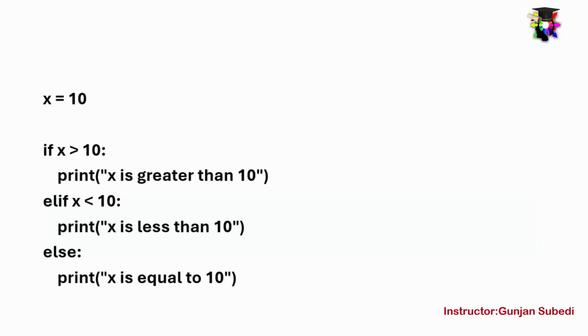Here is an example to illustrate the use of if, elif, and else statements in Python. In the provided code snippet, the variable x is assigned the value of 10. The if, elif, and else statements evaluate the value of x. If x is greater than 10, it prints "x is greater than 10".